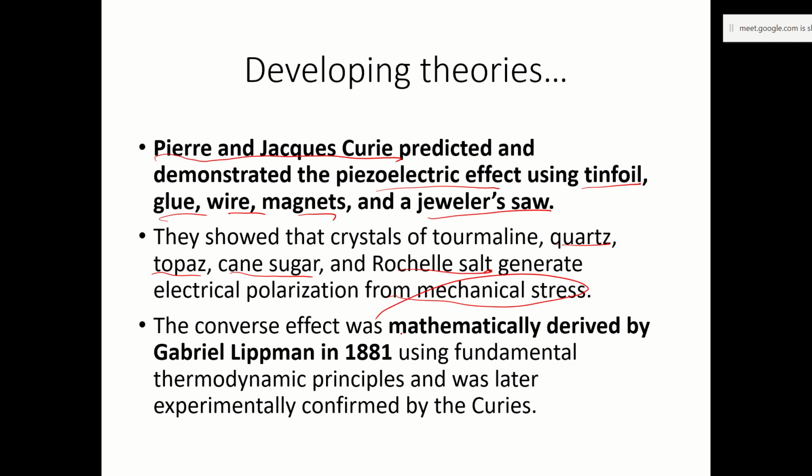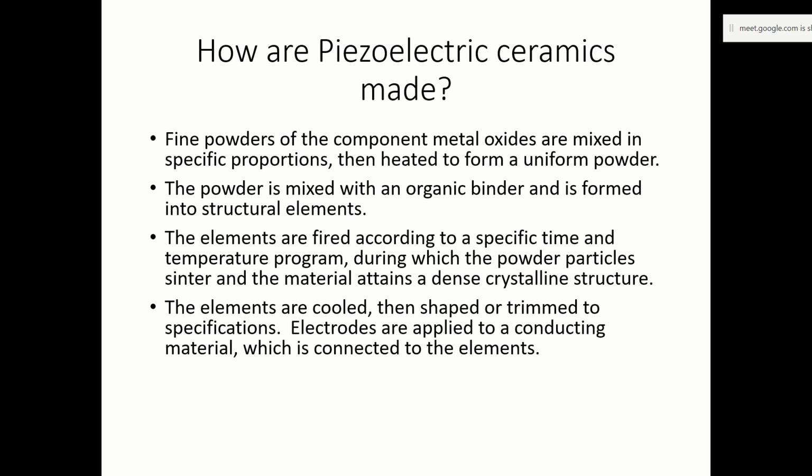You can generate a potential difference and connect it to a circuit. You will see a current passing, illuminating a bulb. This was further developed by the mathematical explanation given by Lippmann after the experimental discoveries by the Curies.